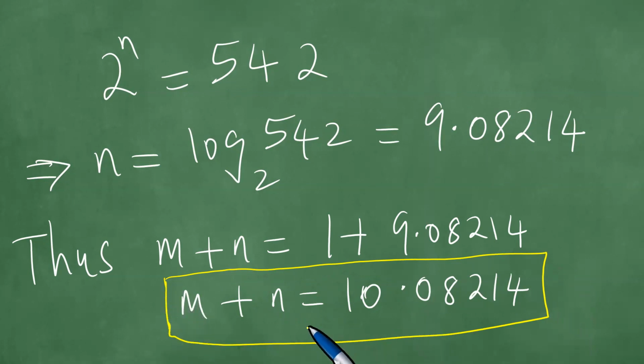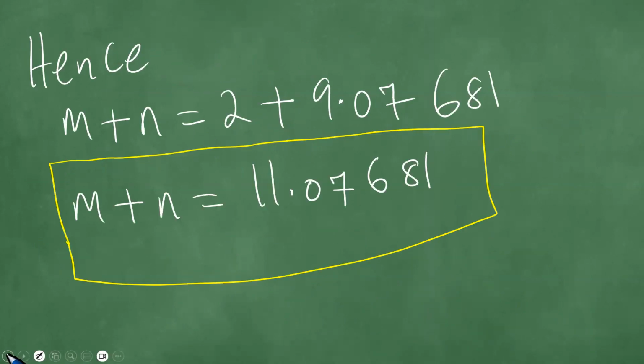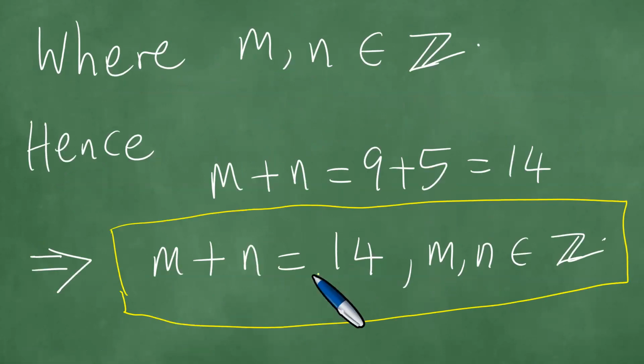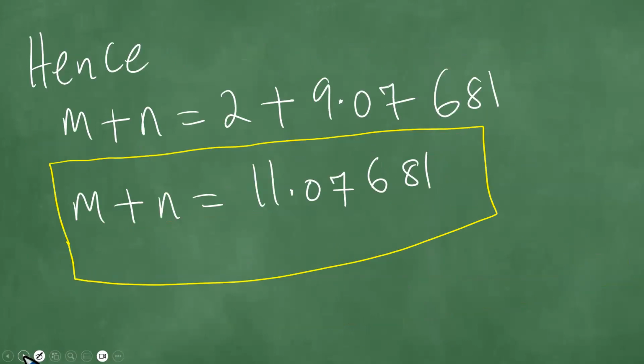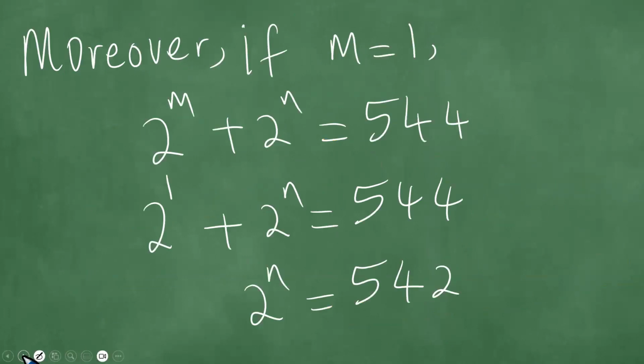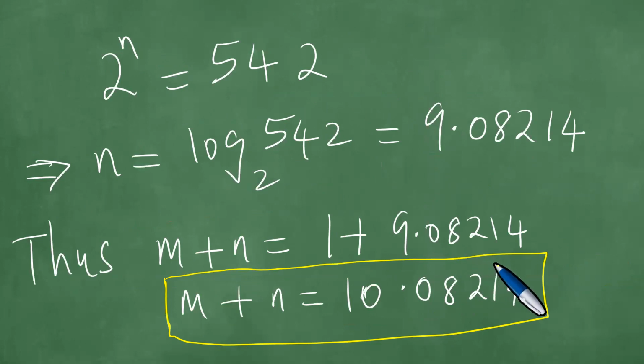Okay, we've got a couple of possible summations. M plus n came down to 14, where m and n are integers. But in the other cases, m and n are real numbers and not just integers.